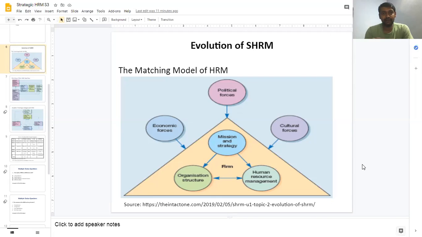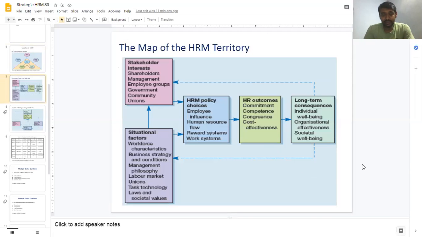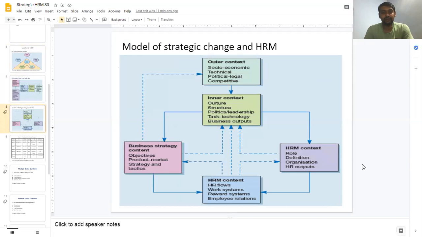Every organization will have a vision and mission which will be accomplished with modified political, cultural, economic, organizational structures and human resource factors. These are the important concepts or slides which explain the evolution from basic HRM to SHRM.